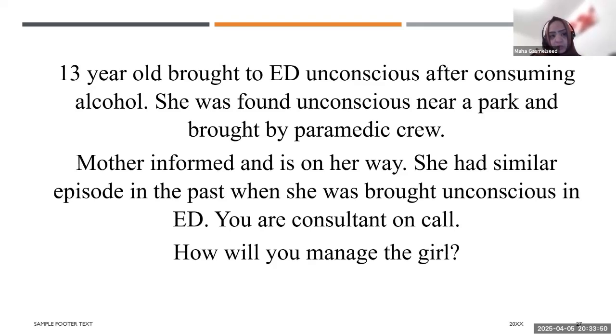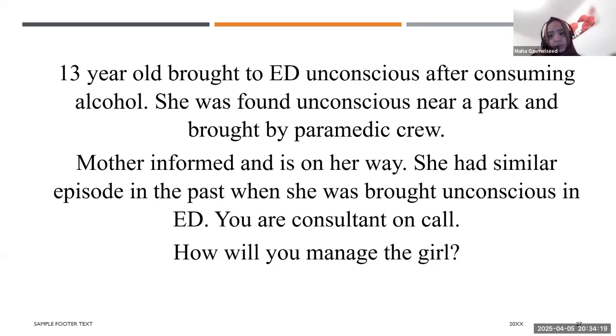Another thing to remember at this tricky age is to do a pregnancy test, because that could be the cause of why she's drinking more alcohol than normal. Otherwise you will proceed, as you said, with the detailed history and examination, then investigations, and then parents and safeguarding.